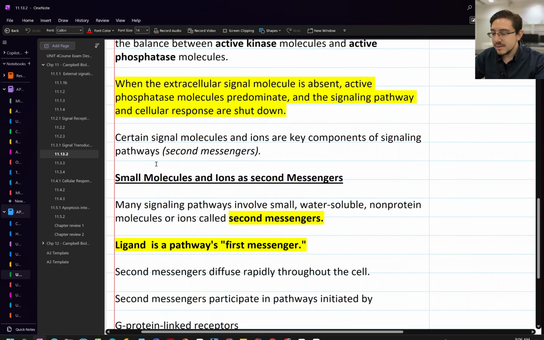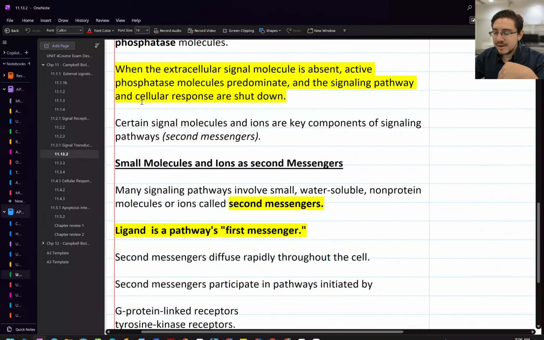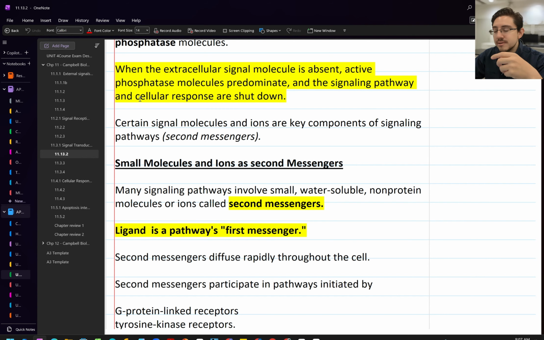Just to highlight, these sentences in yellow are very important to note for your classes. When the extracellular signal molecule is absent, you will have active phosphatase molecules predominating in the cell, and the signal pathway will shut down.